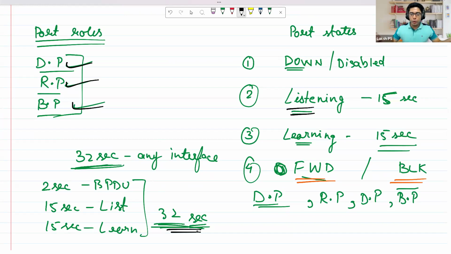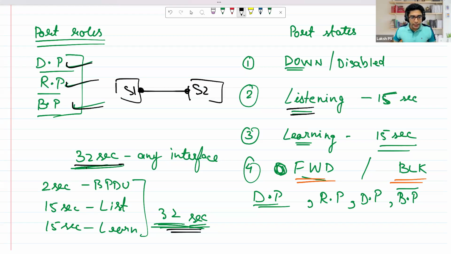Like if you connect two switches together, switch 1 and switch 2, these interfaces will take 32 seconds to come up.